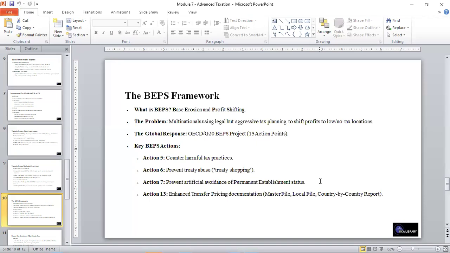The key BEPS actions are action 5, which talks about countering harmful tax practices, action 6, which talks about prevention of treaty abuse, action 7, which prevents artificial avoidance of permanent establishment status, and action 13, which enhances transfer pricing documentation.